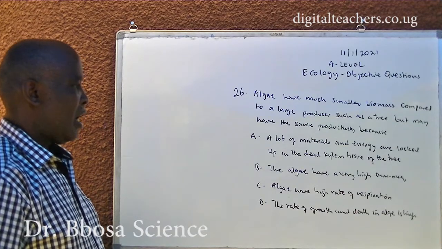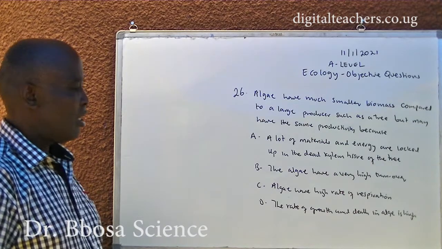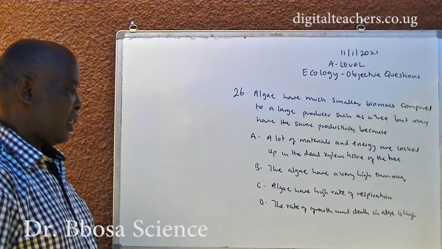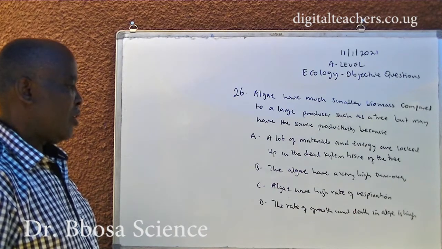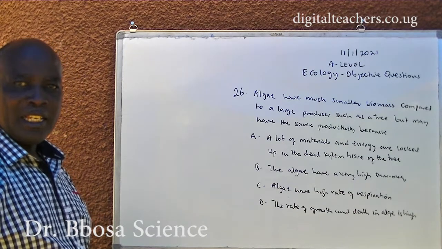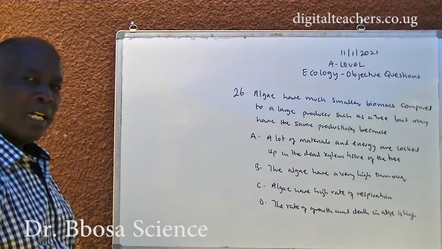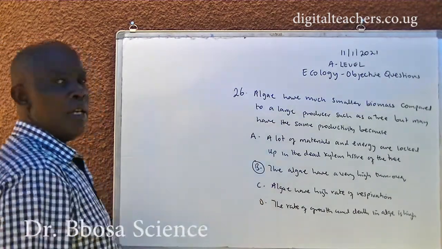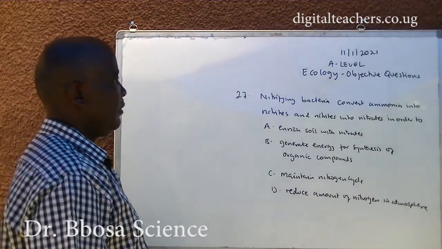B. Algae have very high turnover rate. C. Algae have very high rate of respiration. D. The rate of growth and death in algae is high. You can pause and answer. The answer is B.